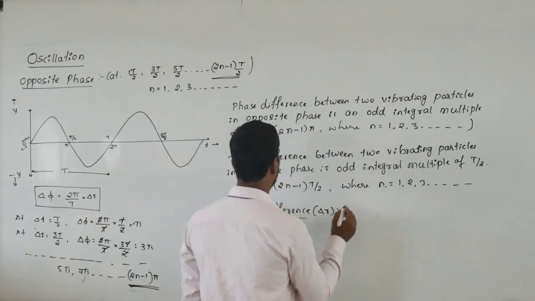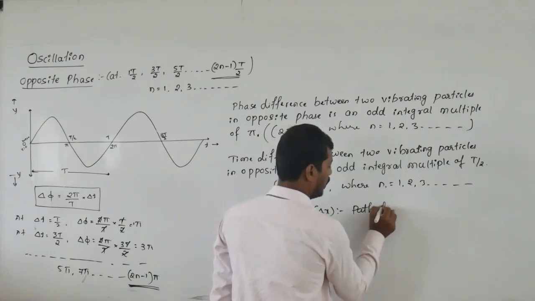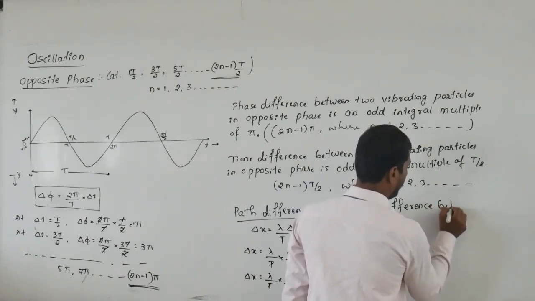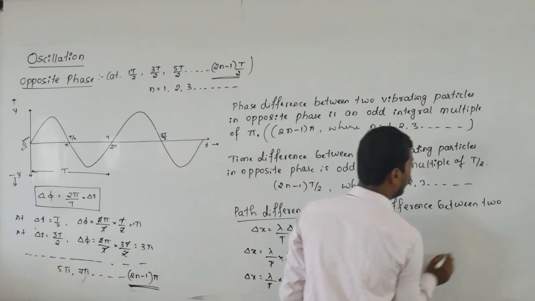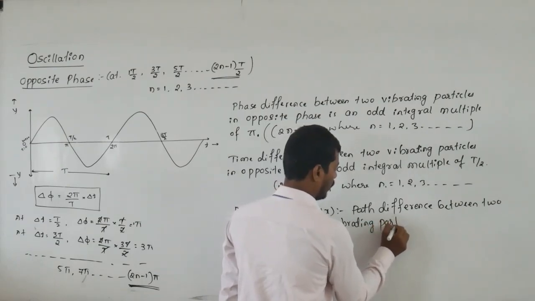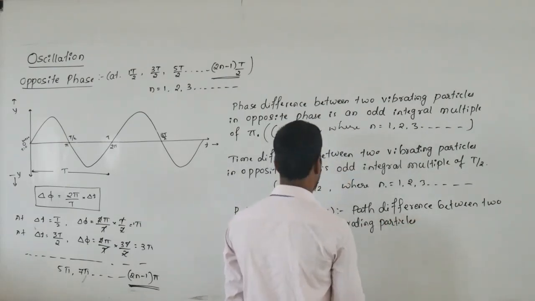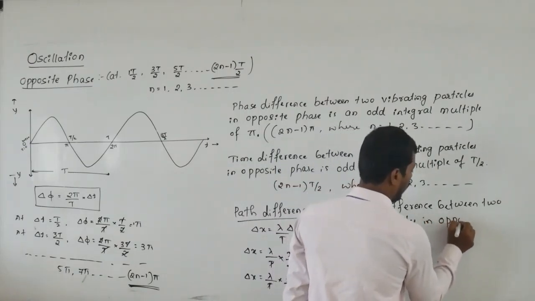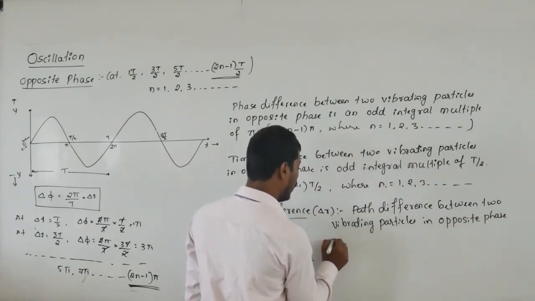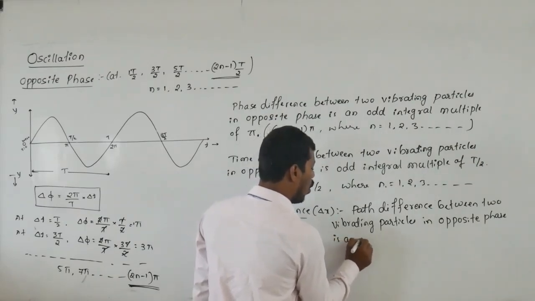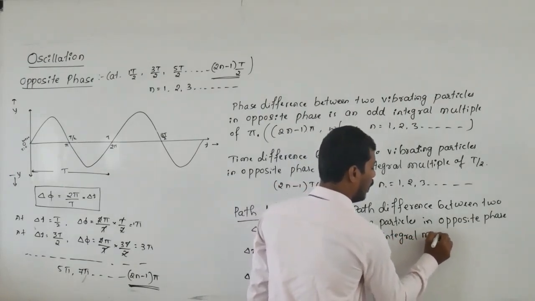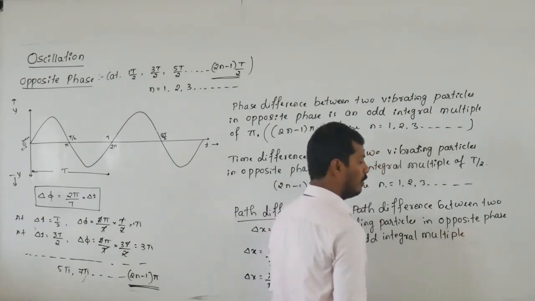The path difference between two vibrating particles in opposite phase is an odd integral multiple of half wavelength.